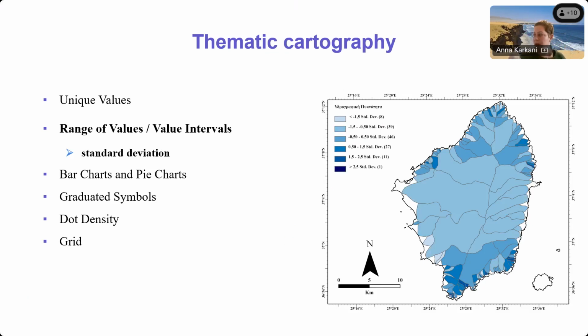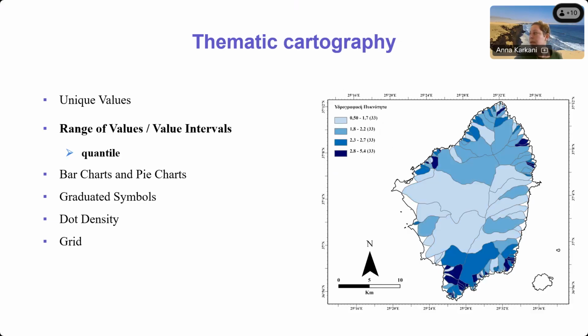Here we have the thematic cartography by standard deviation. It is a different type, again, of creating different groups of values. Then we have what we call quantile or quartile classification, depending on the software. Again, here you can see the corresponding map.